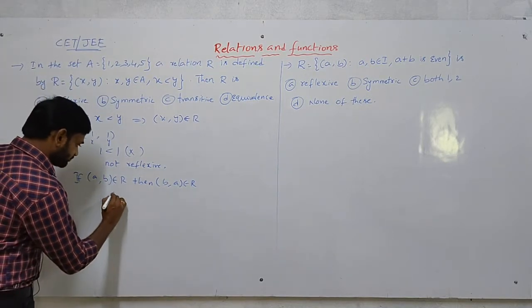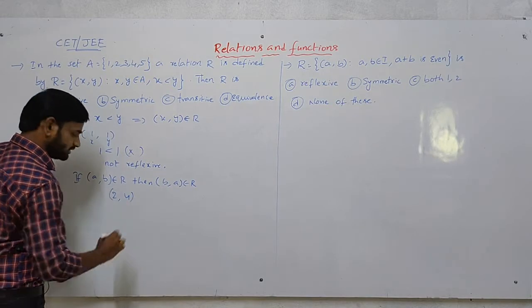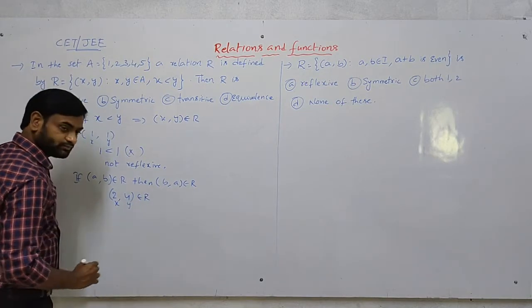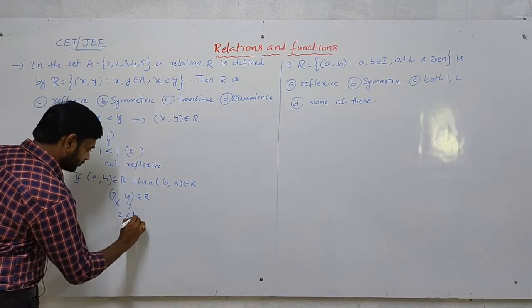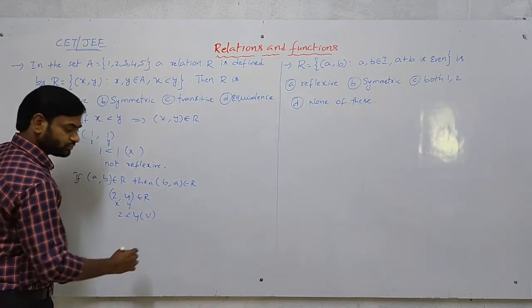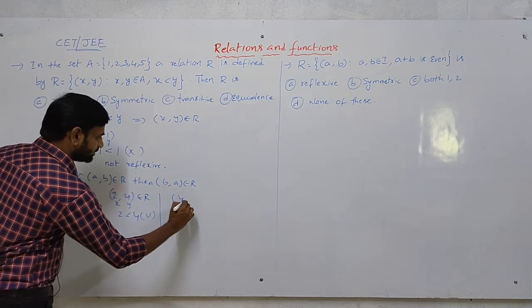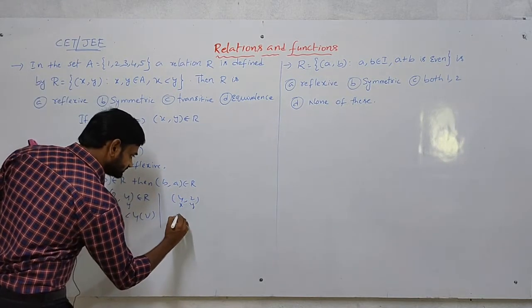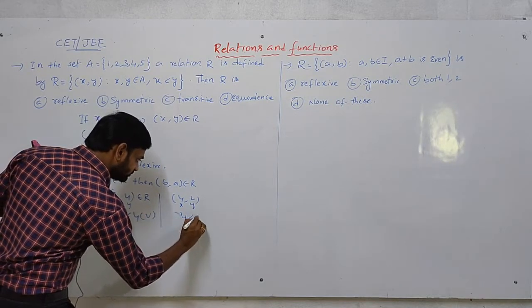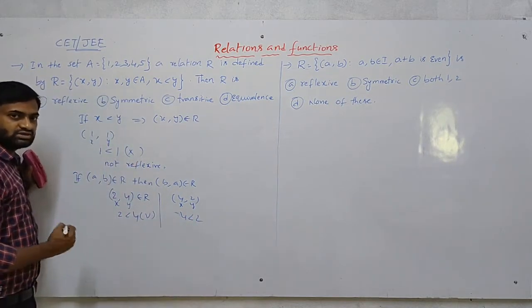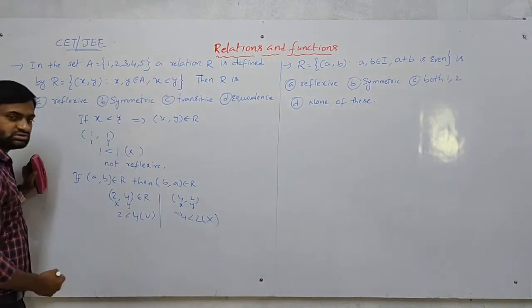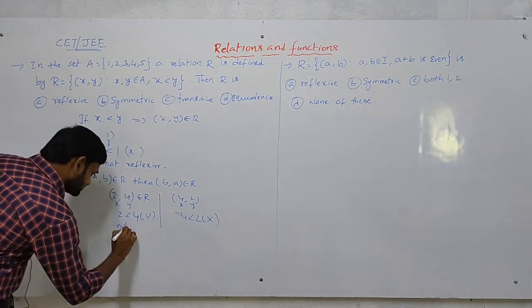Now I am taking (2, 4), x is 2, y is 4, belongs to R. 2 less than 4, yes. Now I am taking (4, 2), the reverse. Is 4 less than 2? No, it is false. When it is false, it is not symmetric.